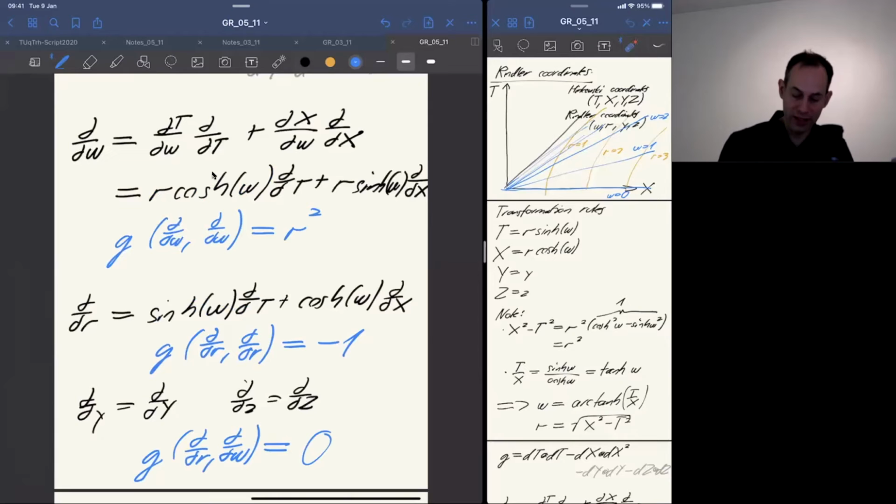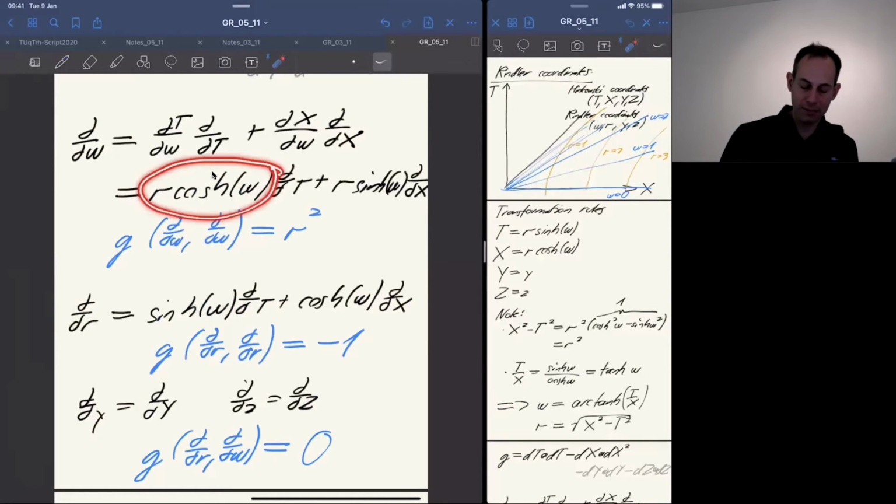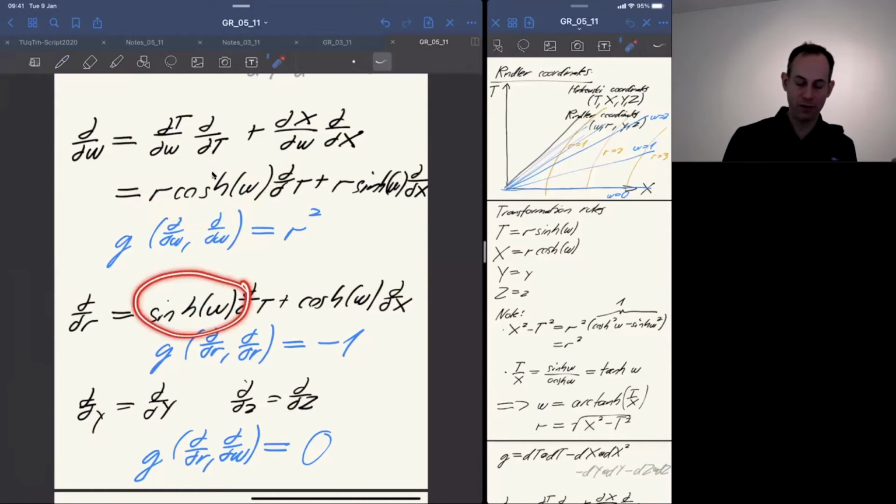And the way to see that is simply, we have these two vectors, d to the omega and d to the r. So you can again insert them into the metric. And if you insert them into the metric, first of all, you get a component, this here multiplied with this with a weight of +1. So you get r times sine h times cos h. And then you have another component of the metric. The metric is diagonal, the Minkowski one.